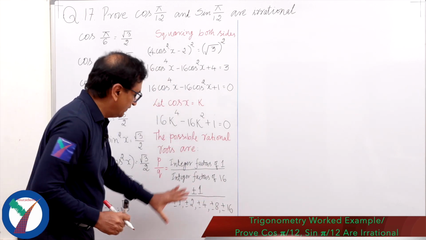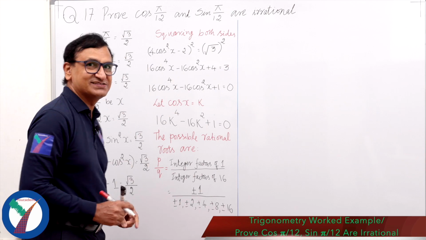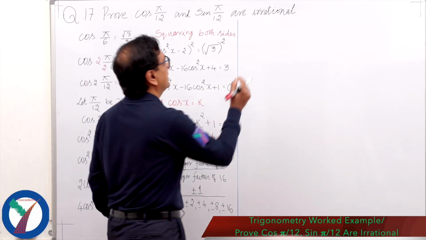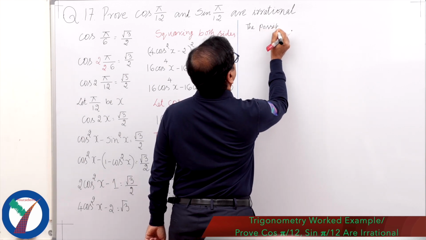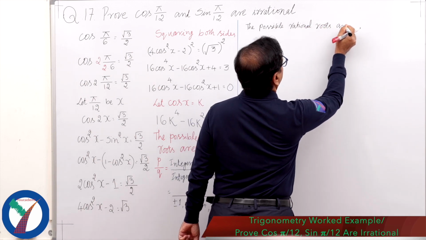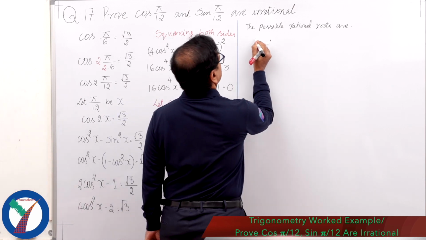Okay, now we have to check each and every combination to see whether this has rational roots or not. Therefore, the possible rational roots are, okay, let me list out the possible rational roots.